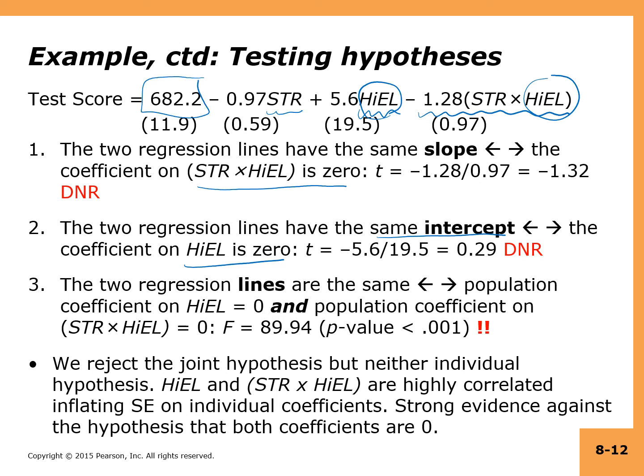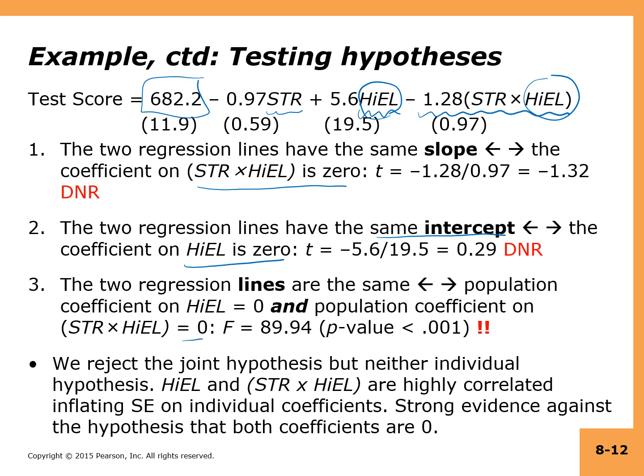The last hypothesis that we want to test is that the regression line is the same regardless of whether you're in the high English learner district or the low English learner district. So in order to test this, you can do an F-test where the high English learner coefficient is equal to 0 and the population coefficient for the interaction term, STR times high EL, is equal to 0.